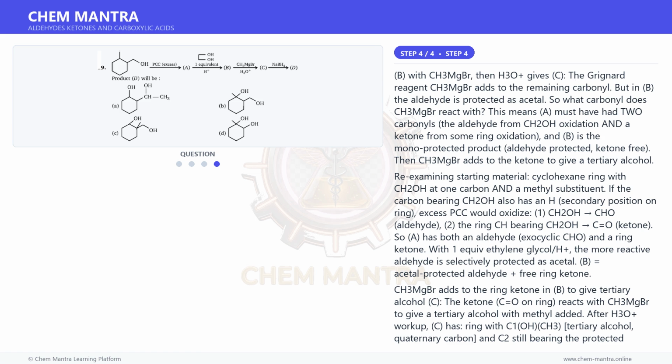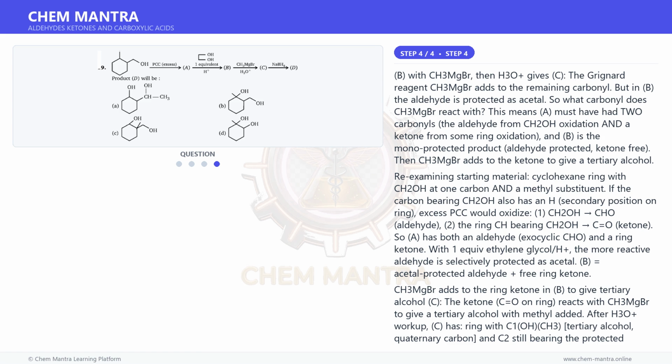Under the reaction conditions, or perhaps during workup, the acetal hydrolyzes back to aldehyde and NaBH4 reduces the aldehyde to a primary alcohol. So, D has ring C1 with OH and CH3, a tertiary alcohol from Grignard addition, and an exocyclic CH2OH from reduction of the aldehyde. The methyl group originally at C4 of the ring was actually the methyl at C1, which became part of the tertiary alcohol after Grignard addition.